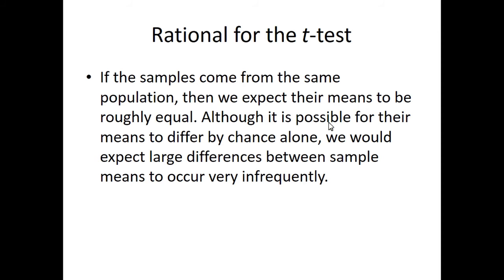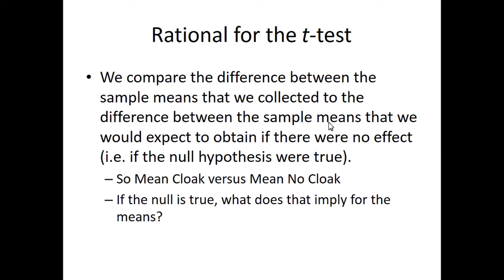Theoretically, they could differ by chance. So we would expect these large differences to be very infrequent. If they're equal, big differences are pretty rare. This is type 1 error. If they're equal, that's the big if.